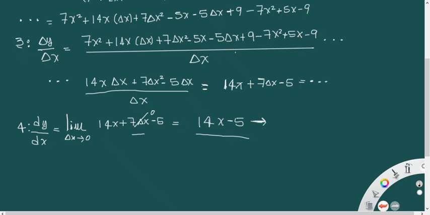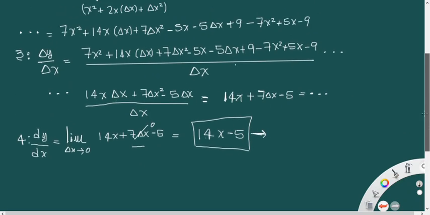So if delta x approaches 0, then this will become 0. 7 times 0 is 0. So we can eliminate this term. And this result happens to be 14x minus 5. And this is the derivative of the function.